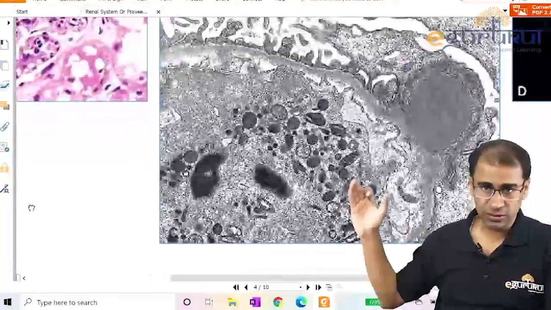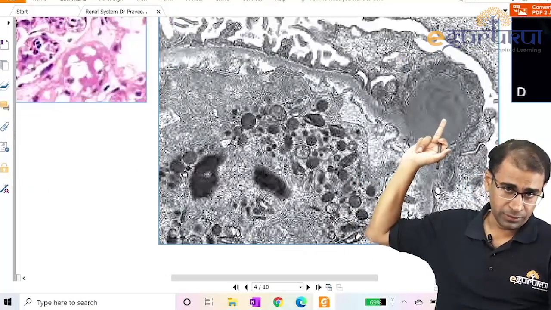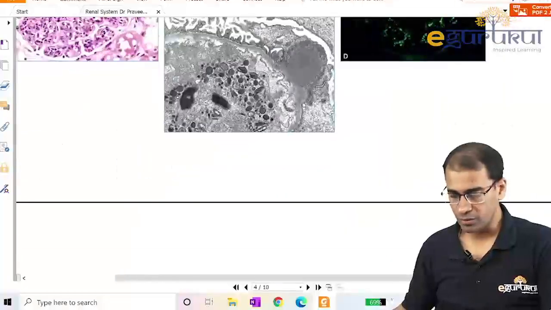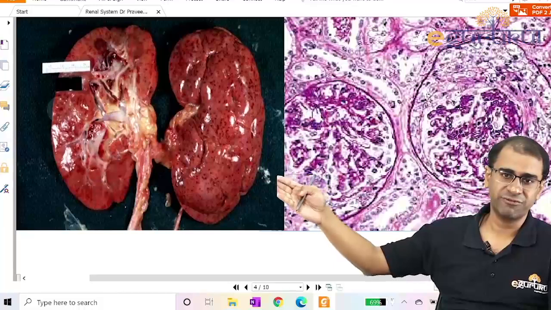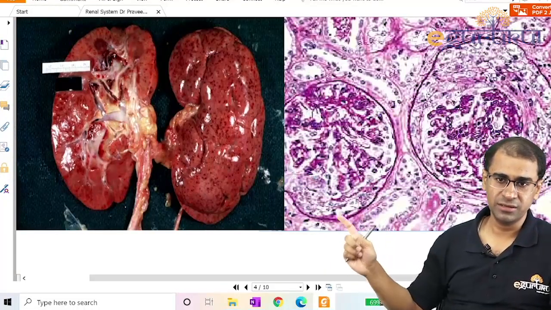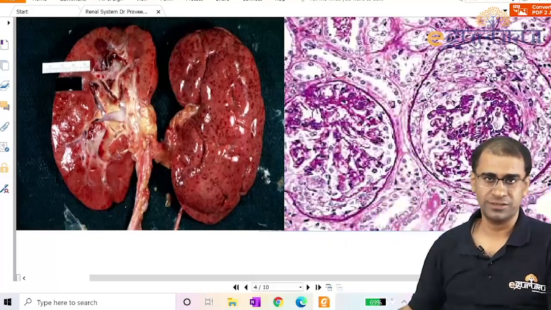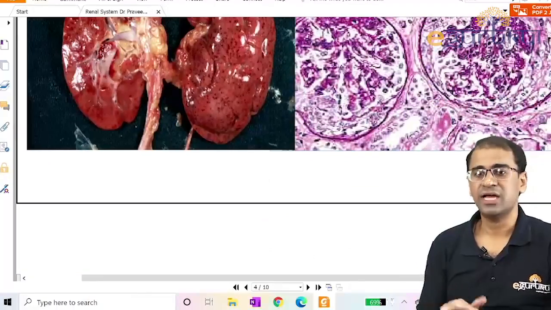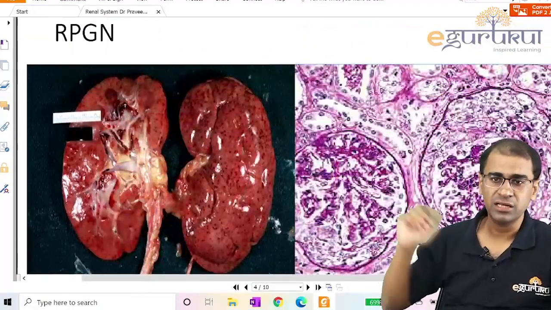This one is a hump: there is a podocyte, and below the podocyte there is a hump. In RPGN, you can see a flea-bitten kidney here, and this is a crescent. There is a crescent here, and here also. The findings are crescents and the flea-bitten kidney.